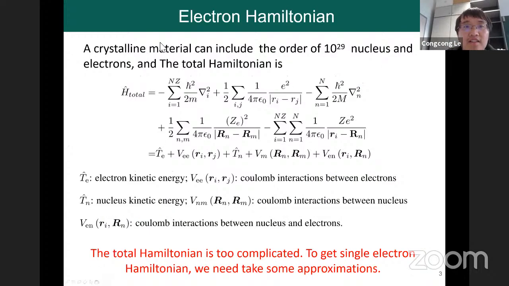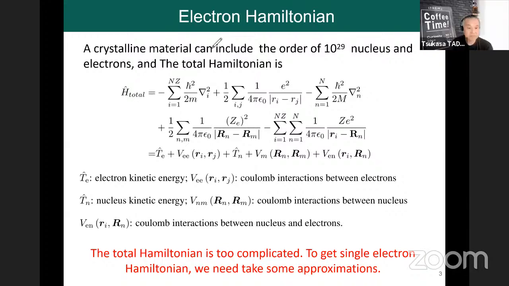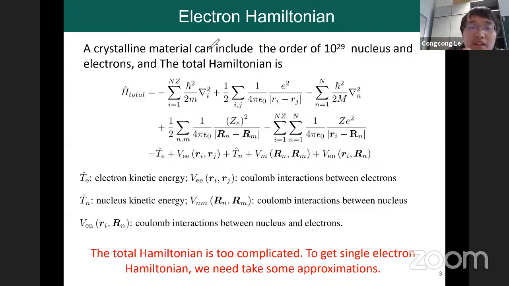Okay. This slide is about the electron Hamiltonian. A crystalline material can include so many nuclei and electrons. So we can get the total Hamiltonian like this formula. The first term is the electron kinetic energy. This term is similar to the classical formula.